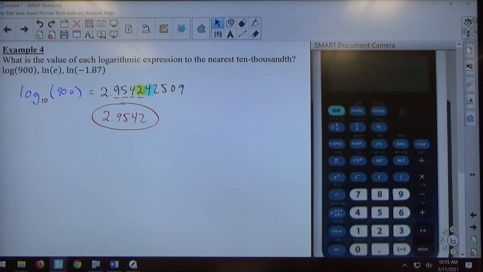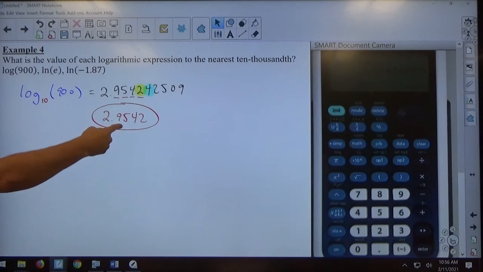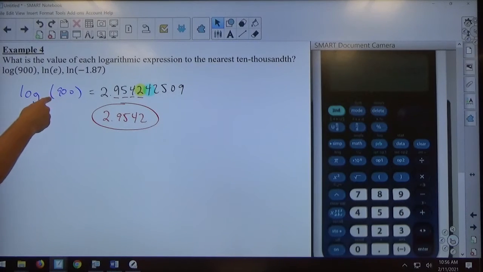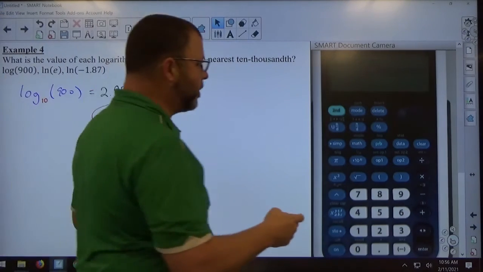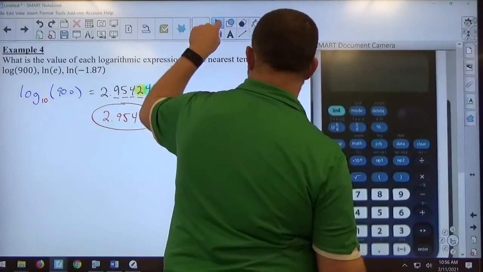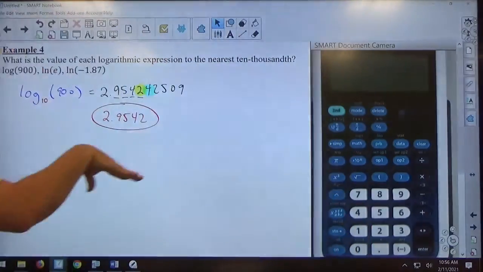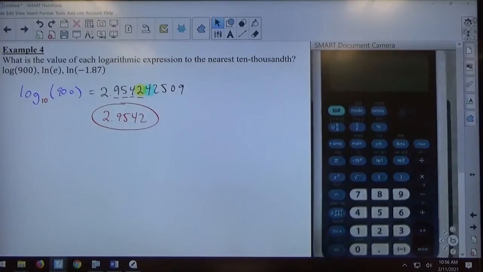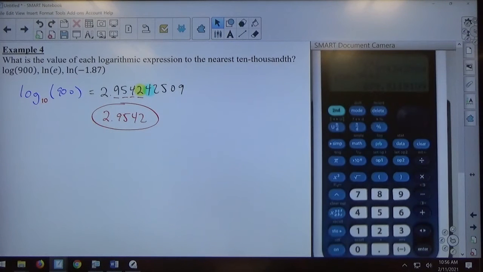And if you recall what that means, if log of 900 base 10 equals this number, if I raise 10 to that power, I should get 900, right? So if you want to make sure you're right on these problems, if I type in 10 and then hit the power button, which is right here, and then type in 2.9542, you can see it is almost 900.